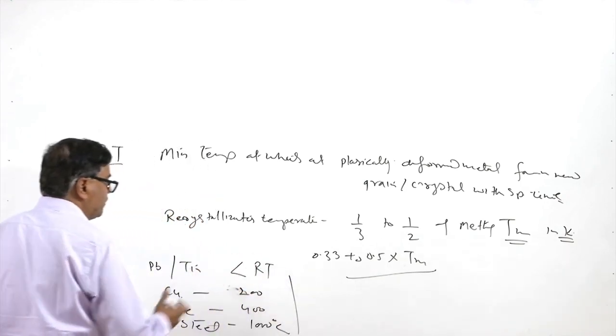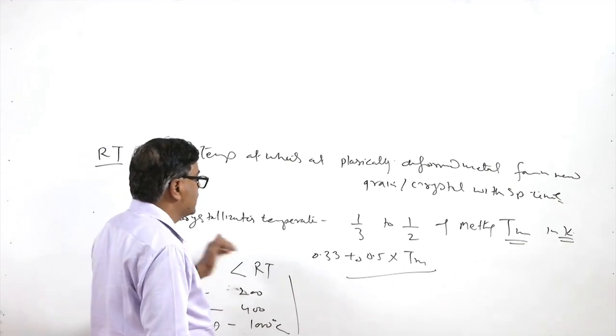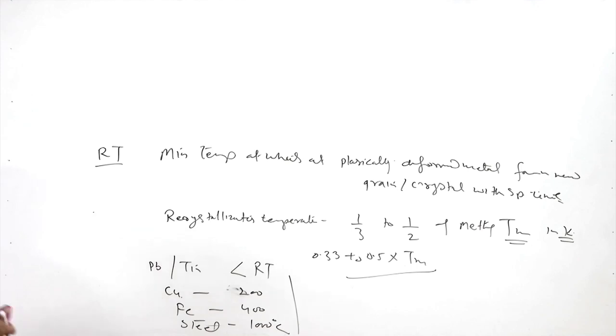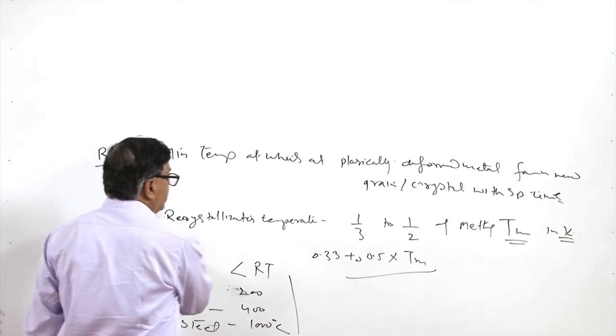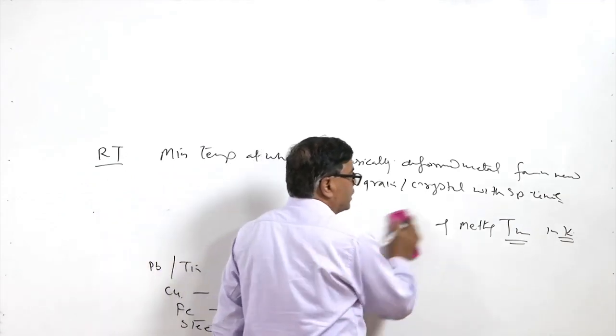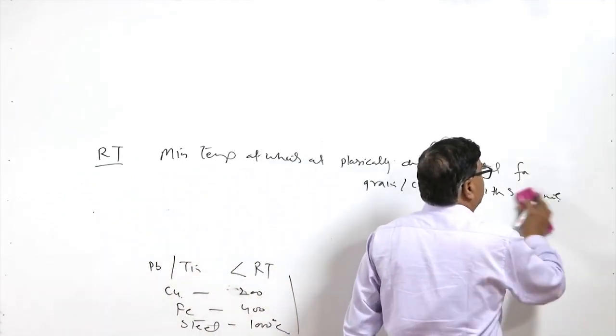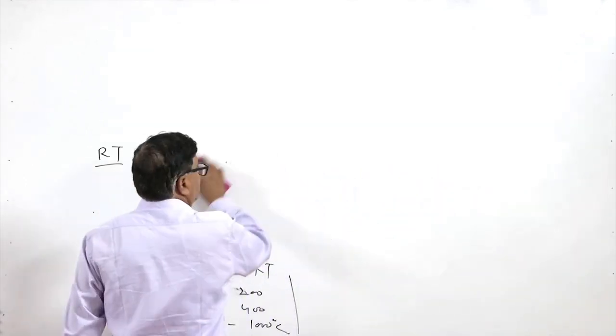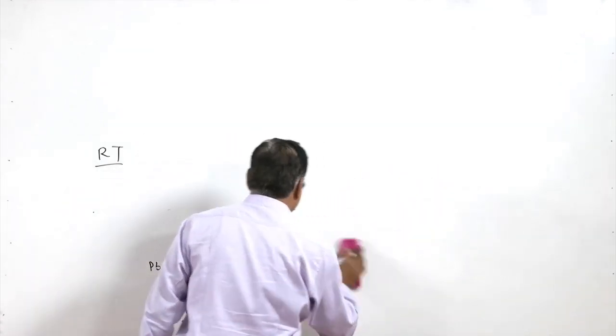So, depending upon the metal the recrystallization temperature is found to be different. So, if the metal is worked above the recrystallization temperature, then it is called hot working, otherwise it is called cold working if the metal is worked at the lower temperature.